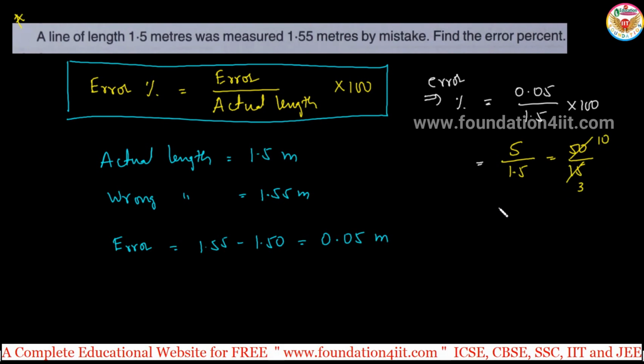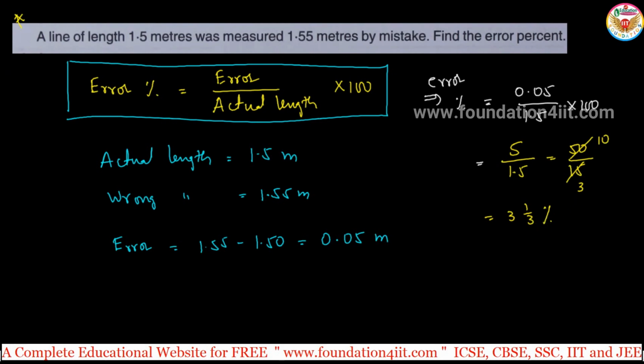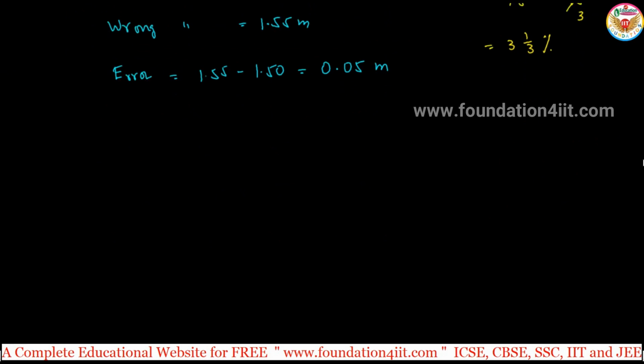So 10 by 3, that is 3 1 by 3 percentage is the error. So to measure 1.5 meters as 1.55, the error is 3 1 by 3 percentage. This is one type.